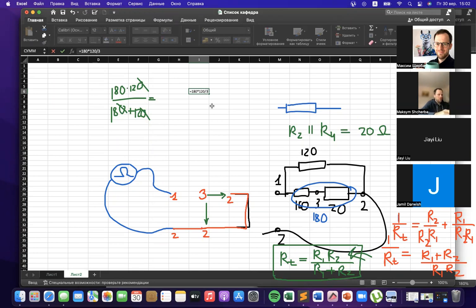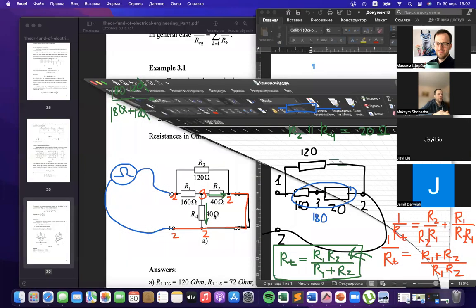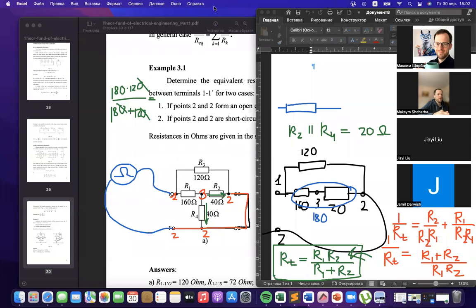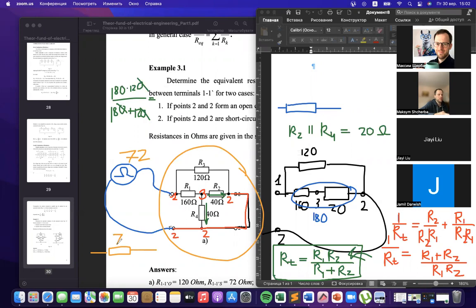Multiplication over adding, as it equals 300, it will be 72. Then the total answer of this whole circuit will be 72, and you could replace the whole circuit with a single resistor, 72. That is the second task.